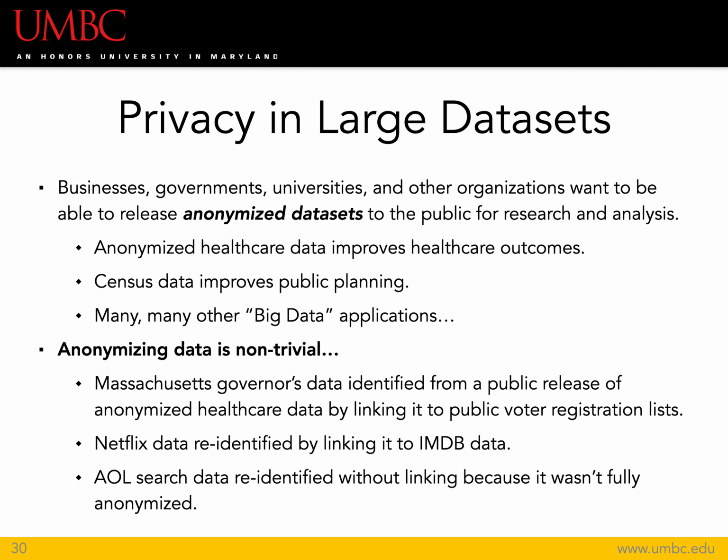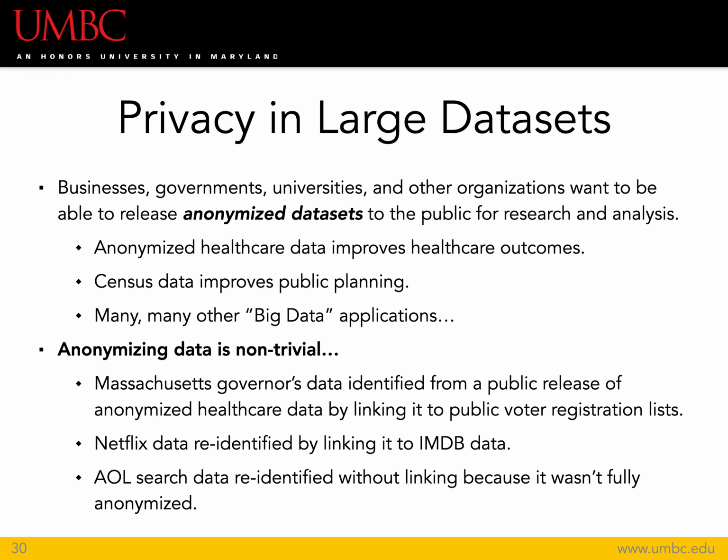Another important example of anonymization and how difficult it is to get correct was the Netflix data release. So roughly 10 years ago, Netflix released a whole bunch of data to the public so that they could compete to improve the recommendation algorithm Netflix used for recommending movies or shows to viewers. And the idea was that if you could improve it by a certain percentage, you'd get a $1 million prize or something like that.